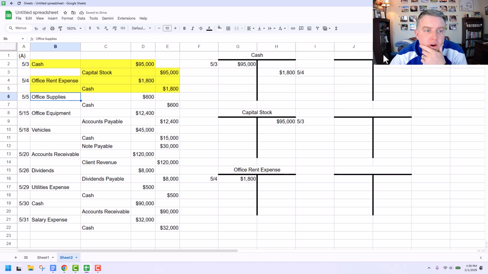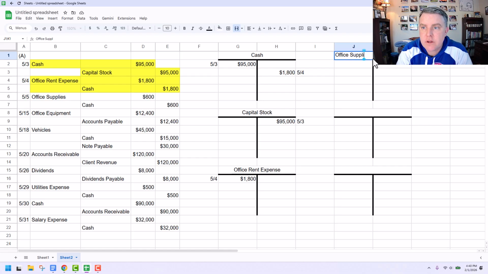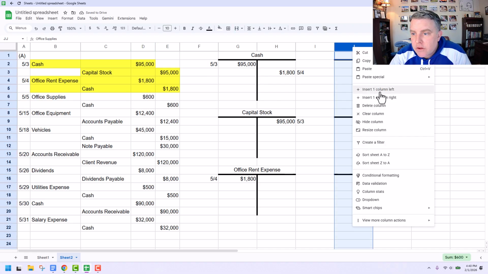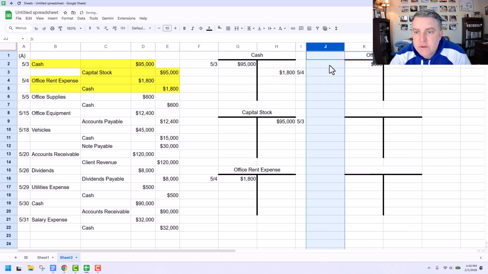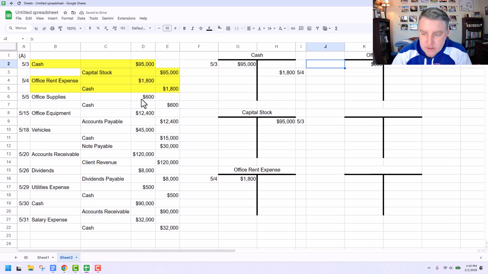The next one, office supplies. We're going to set up a new account because we don't have this account ready yet. So this is office supplies. And it's a debit to this account, so it's going to be $600. And I'm just going to add a column here so that I can put the date. So the $600 was on May 5th.